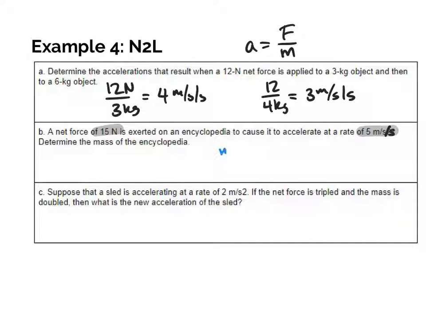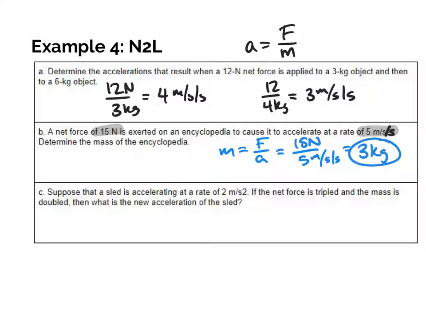If I want to find the mass, it's the ratio of how much force to how much motion it has. So force divided by acceleration: 15 newtons of force divided by 5 meters per second squared. That means the object must have a mass of 3 kilograms. So what we're doing now is making the connection between the force experienced, the motion, and then the resistance, which is called the mass.